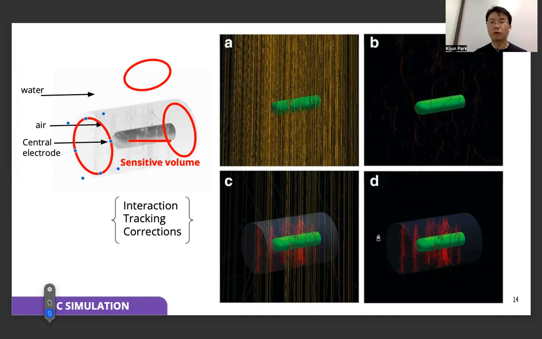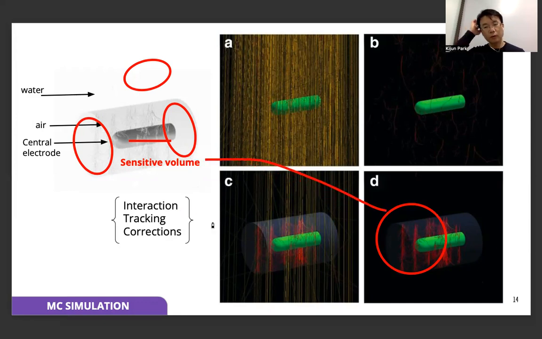This is represented by the last picture. That's why in the sensitive area we can have a lot of electron showers. You can see that inside of the volume.